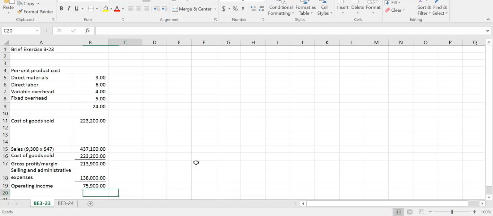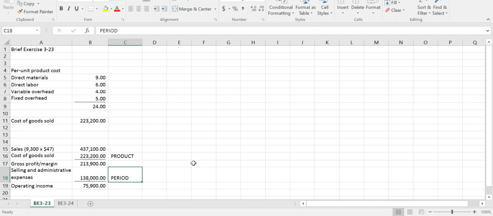Again, with absorption costing, we're breaking apart our costs between product versus period cost. So our product cost includes all components of product cost, our materials, our labor, and all overhead, both variable and fixed. And our period costs include everything that happens after we produce our product, such as selling and administrative expenses.